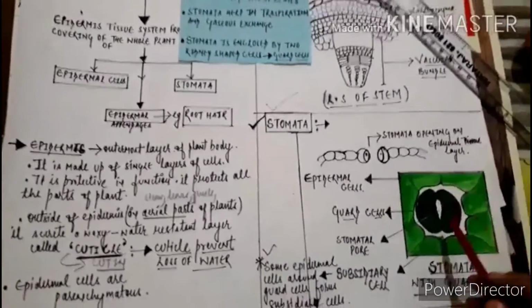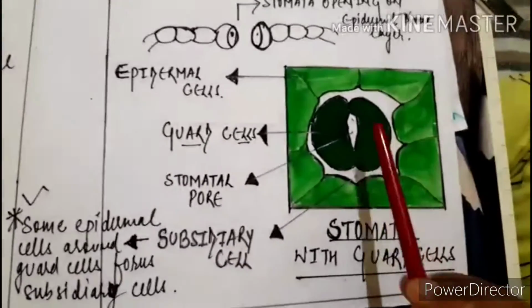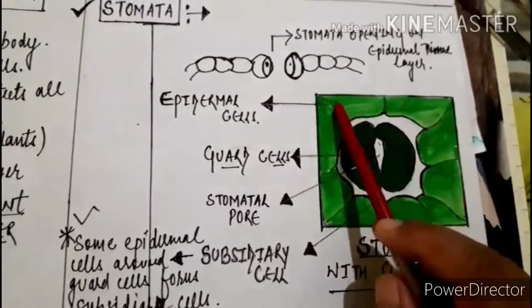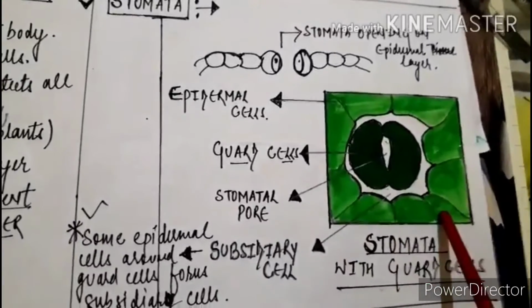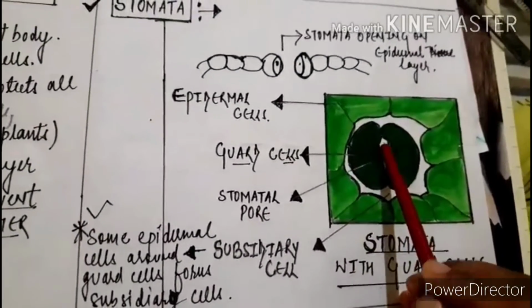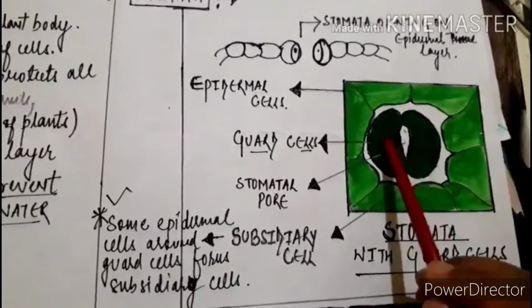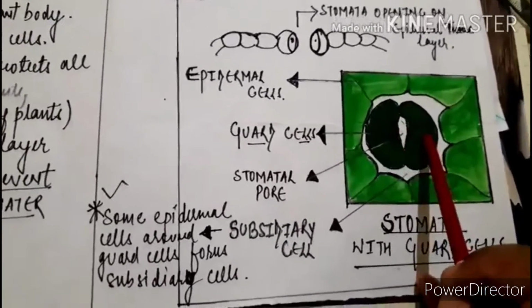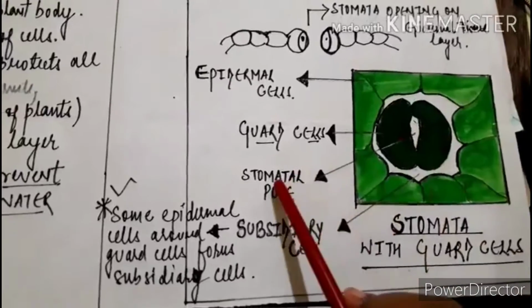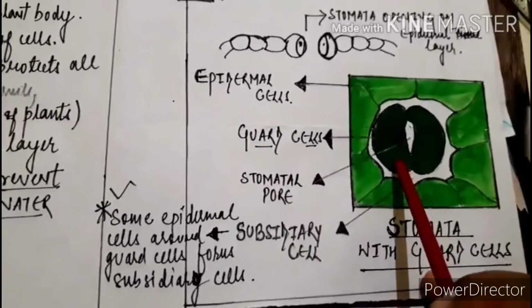So, this is stomata, this is the structure of stomata. These are the epidermal cells, and this is the tiny pore. This pore of stomata is guarded by two kidney shaped cells, and these two kidney shaped cells are called guard cells.